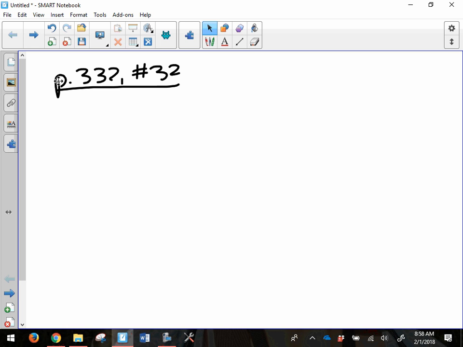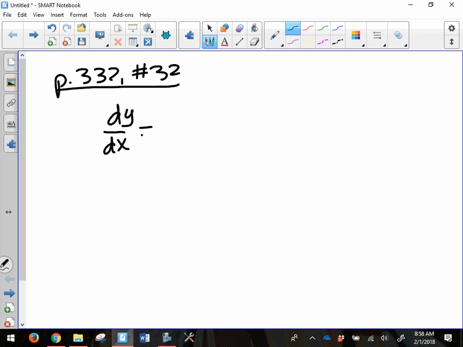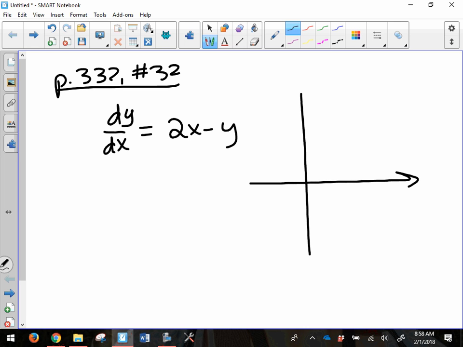So, in order to do number 32, we have a slope, dy/dx, which is going to be 2x minus y. And we're told to draw tiny segments through the 12 lattice points shown in the graph and not to use your calculator. Okay? So over here, I'm going to put my graph.